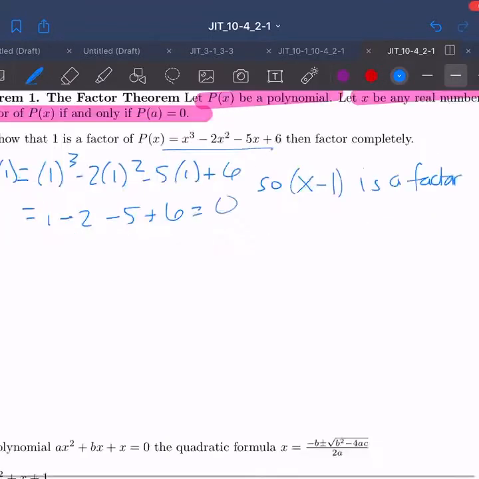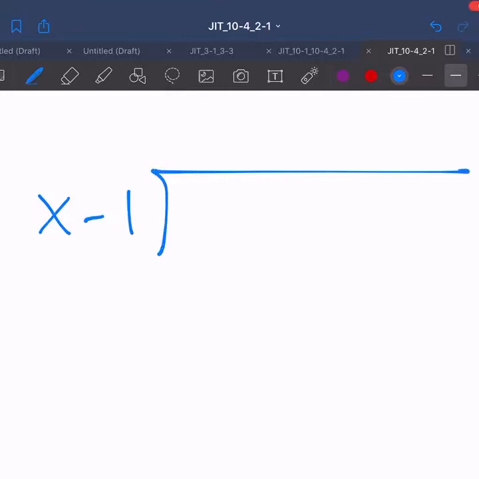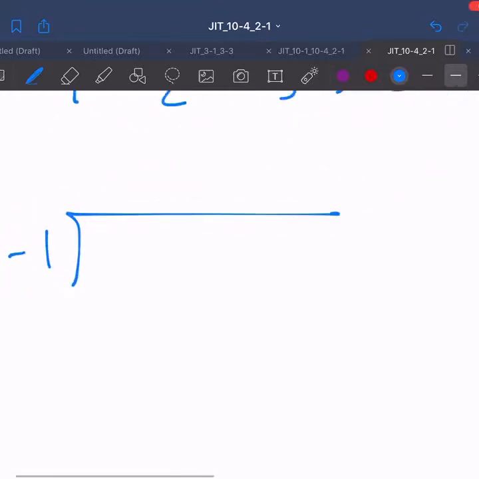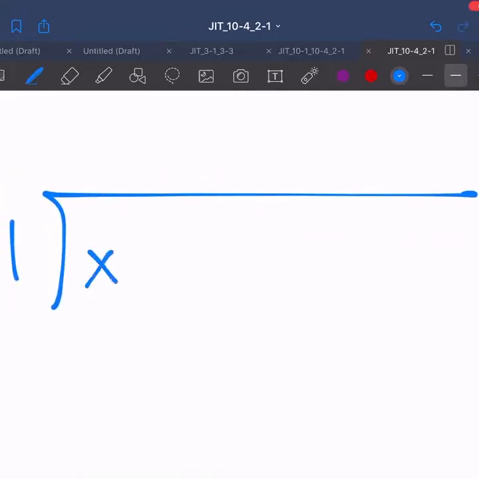Okay, so now we'll factor it completely. So factoring completely, we'll use polynomial long division. So we'll do x minus 1 divides our polynomial up there, or this polynomial is divided by x minus 1.